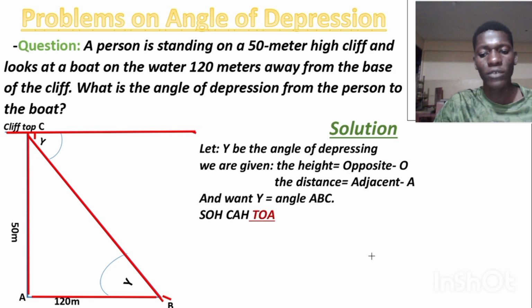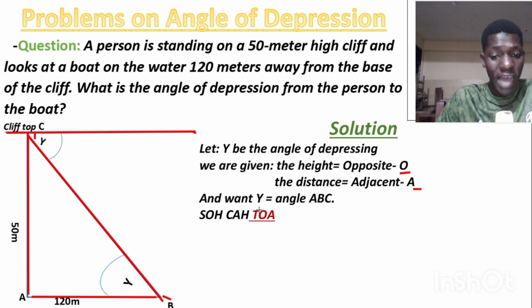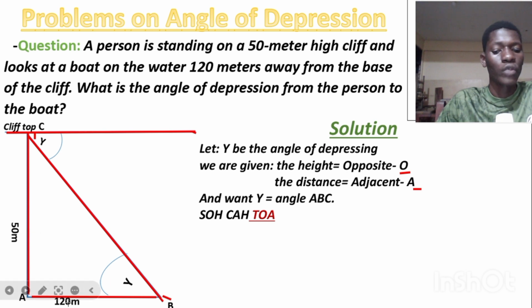Looking at what we have and what we want, we have A here. That's clearly in SOH CAH TOA, that's tan. So I'm going to use tan. So tan of the angle, tan y should be equal to what? Opposite, which is 50, over adjacent, which is 120.